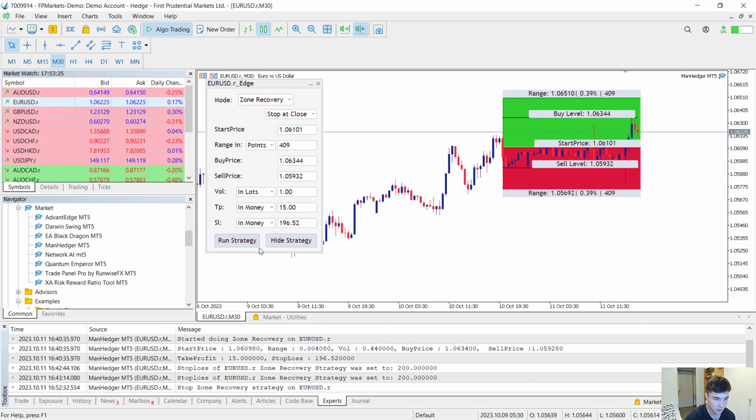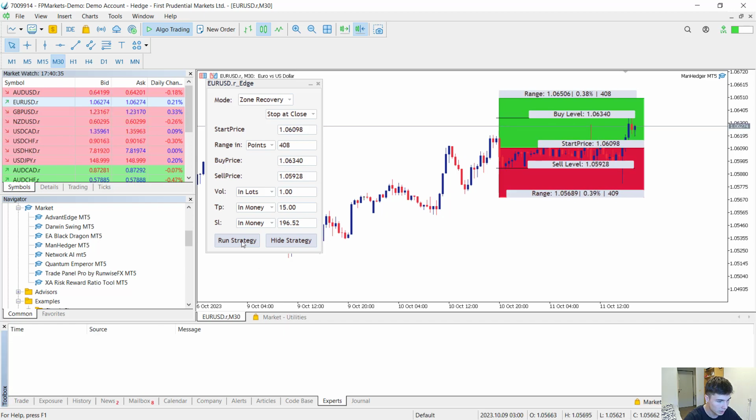This stop loss will be at the next trade level after we have entered our last trade that the EA was able to make out of this volume. So for example, if we can make two trades, we make a buy trade, it goes down, we make a sell trade and it goes up again, the stop loss is calculated right here at the buy level.